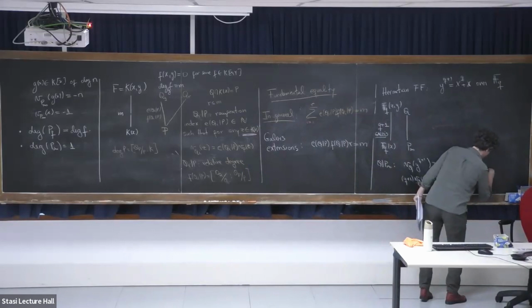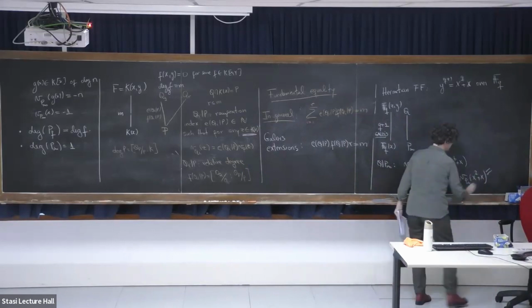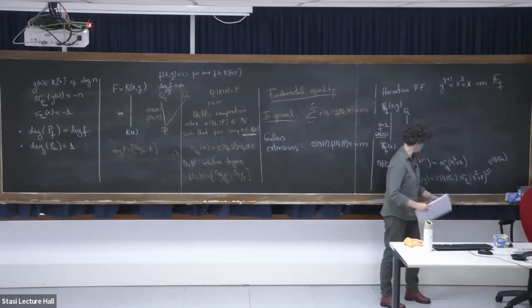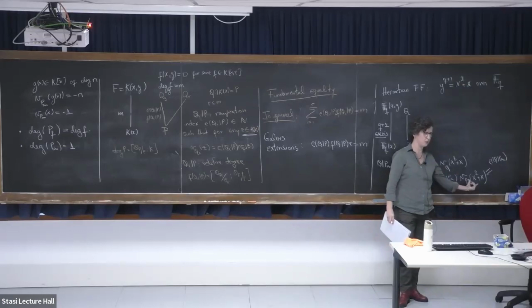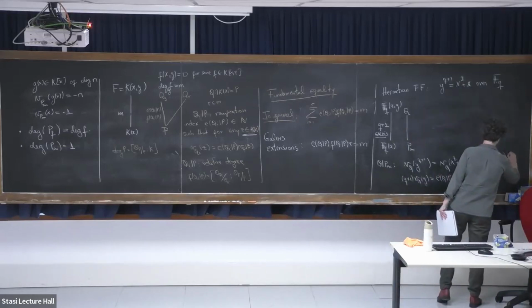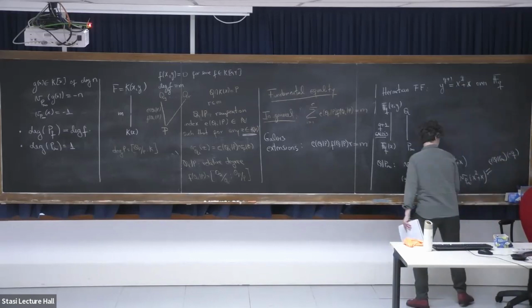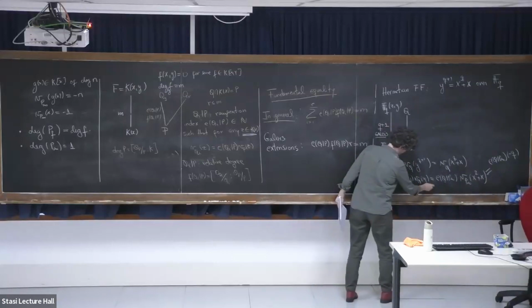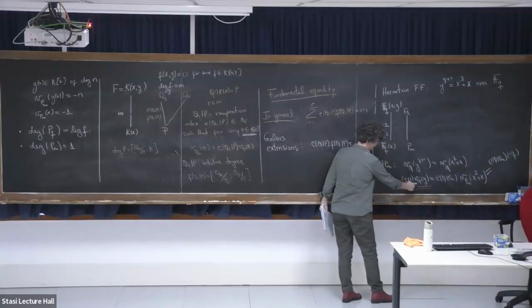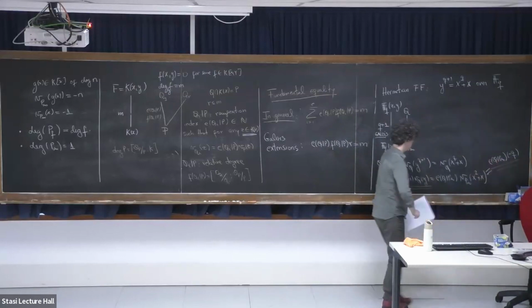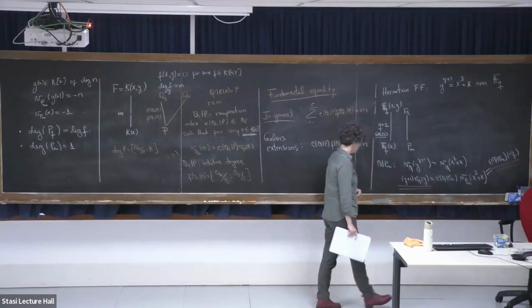So this is just the ramification index. And how much is the valuation at infinity of a polynomial? This is just minus the degree. So this is minus q. Okay? Well, so we have that (q+1) times the valuation of y has to be equal to the ramification index times minus q.